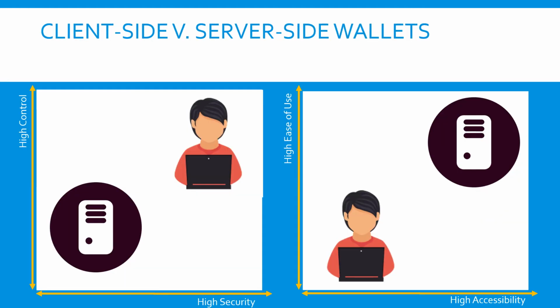I like to look at the two types of wallets in two different ways. On the left hand, there's a comparison between the amount of control and the amount of security you have with using a particular type of wallet. So with server-side wallets, you tend to have less control and less security. And I'll give two examples.